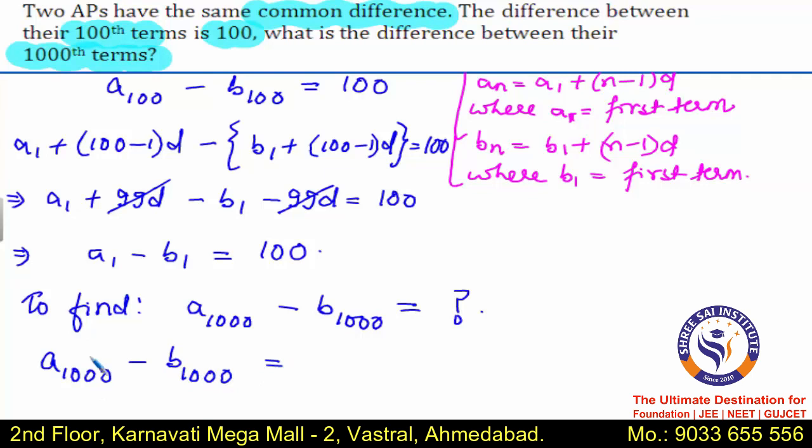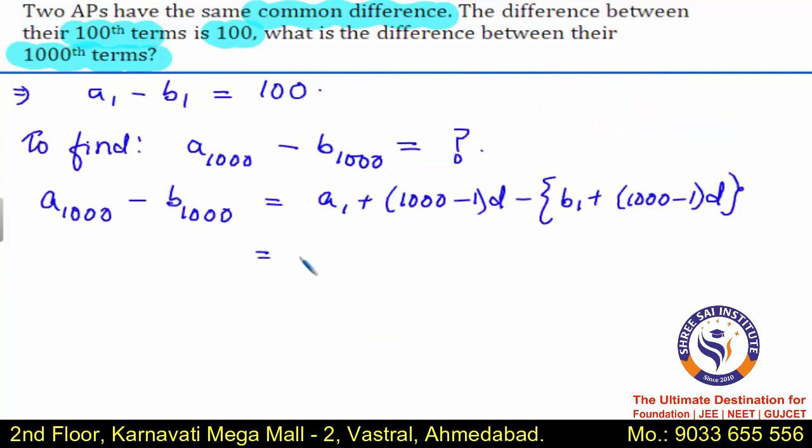Now, the 1000th term of the first AP is given by A1 plus 1000 minus 1 into D, and the 1000th term of the second AP is given by B1 plus 1000 minus 1 into D. This is further equal to A1 plus 999D minus B1 minus 999D.